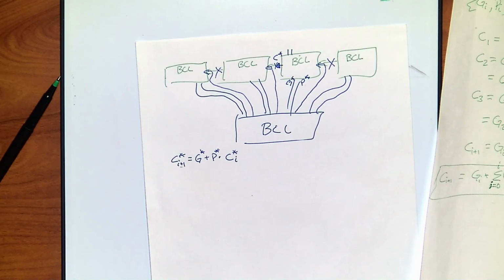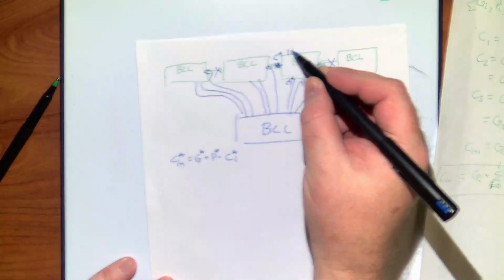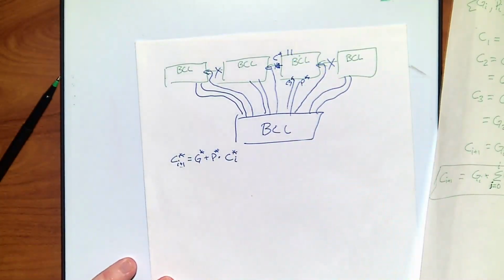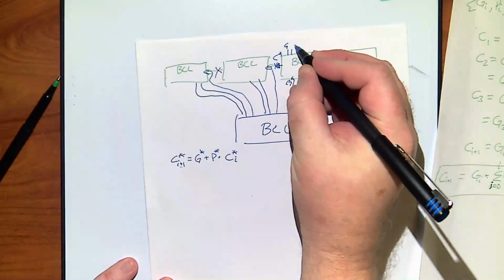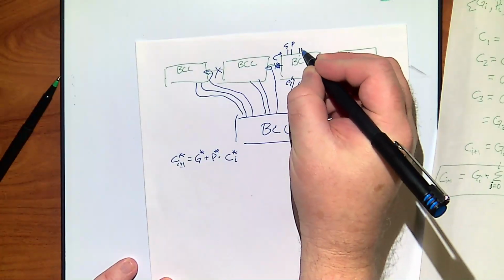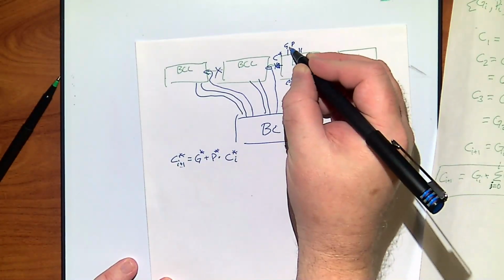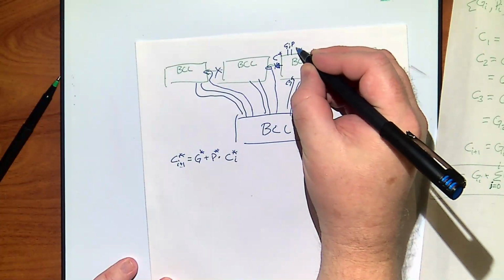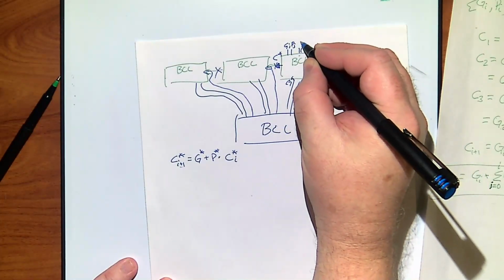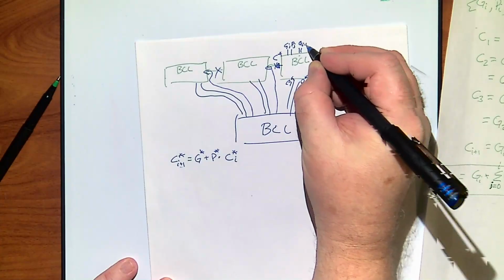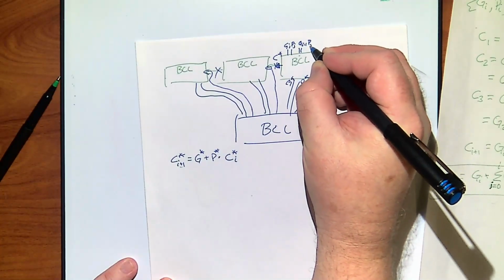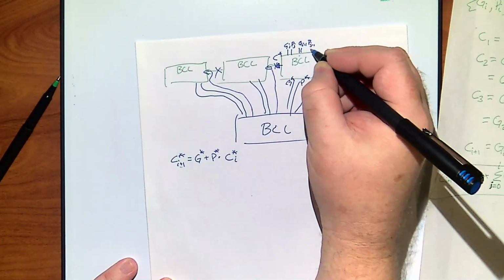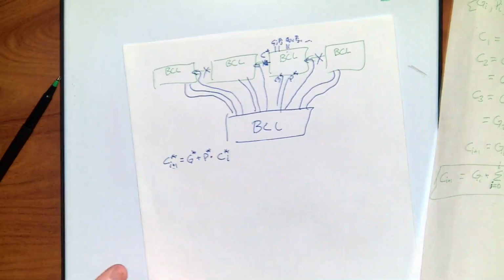Each one of these inputs is no longer X and Y. It's a bunch of generates and propagates at each of these different levels, a different set of numbers. So generate J minus one and propagate at J minus one for the next two wires, and so on.